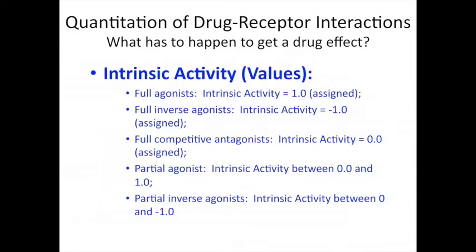But intrinsic activity is going to vary, from full agonists, where all the receptors move to the active state, to full inverse agonists, where all the receptors move to the inactive state, or they can be antagonists, which bind and don't change the conformation ratio. They can be partial agonists and partial inverse agonists. That's what we're going to get with the term intrinsic activity.